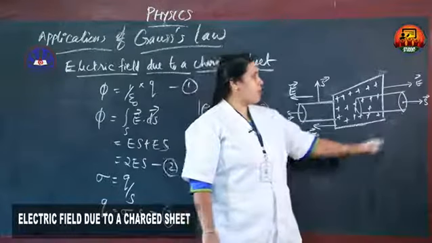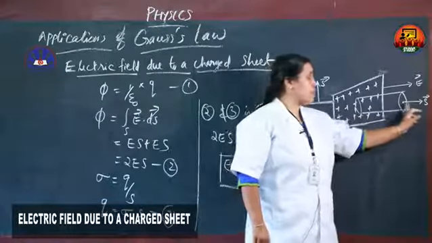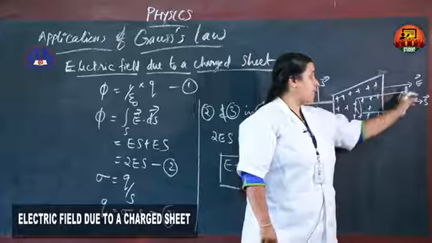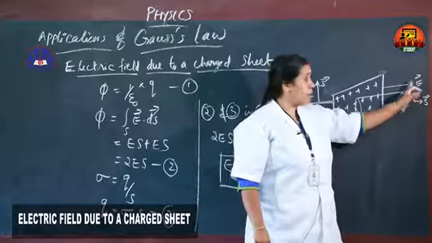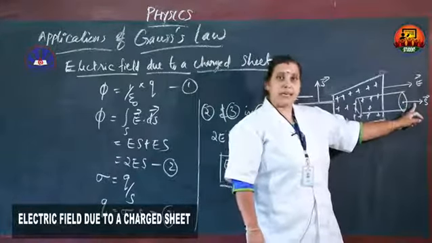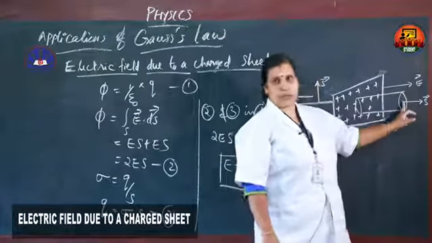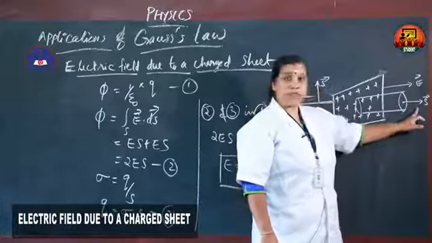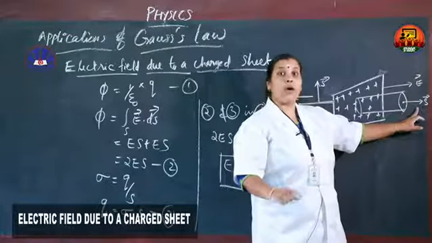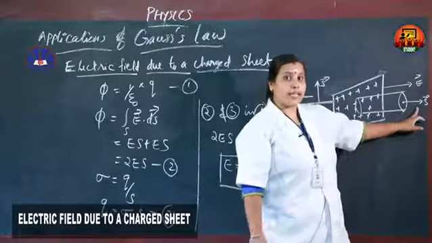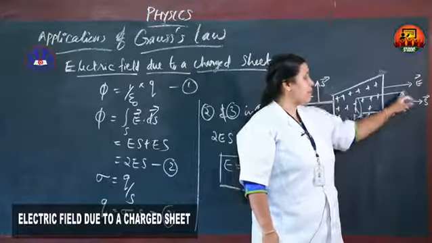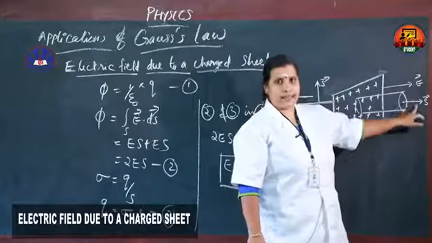Now we can see from the circular faces, the surface area S and the electric field due to this charged sheet both are in the same direction. That means there exists maximum flux over this circular portion, and that maximum flux will be E dot ds or E ds. On integration it becomes E into S. That means the flux over here is ES.